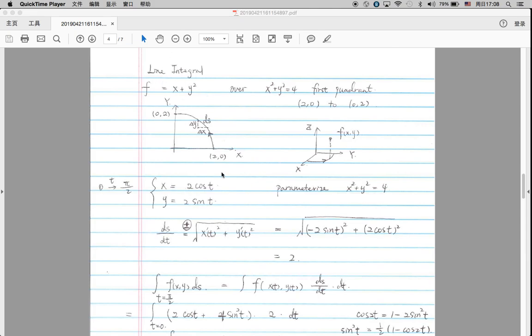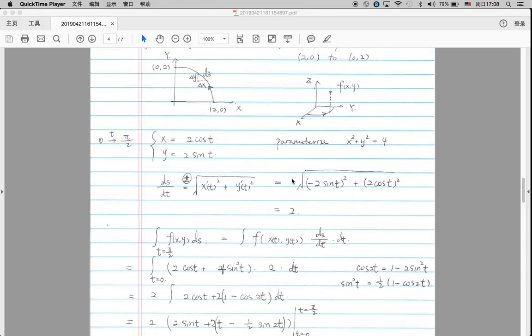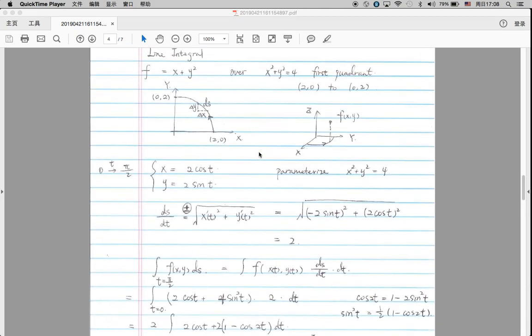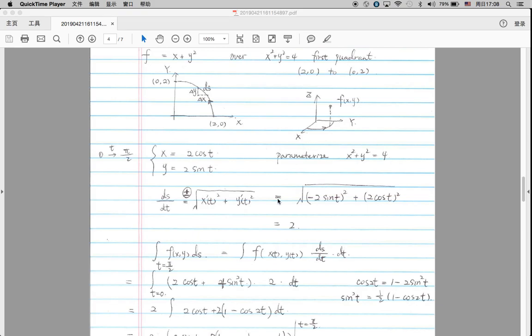And now the line integral here is just taking the integral of f of x and y over ds, and let's plug in everything we calculated above. Since x and y are also functions of t, we can plug them in.